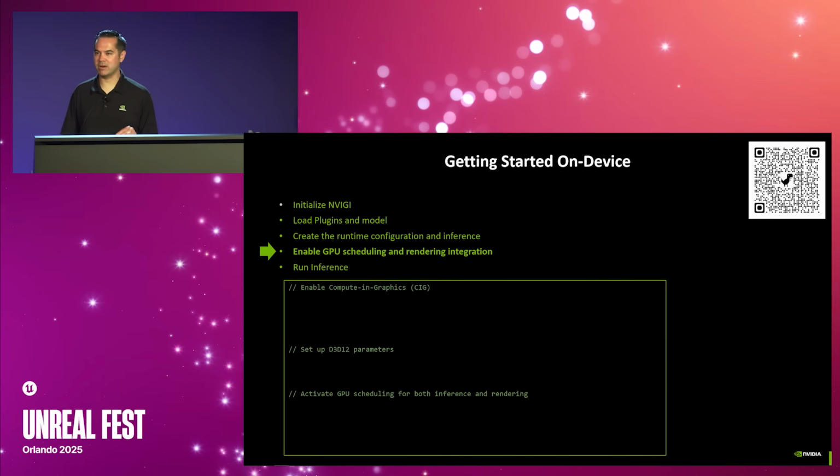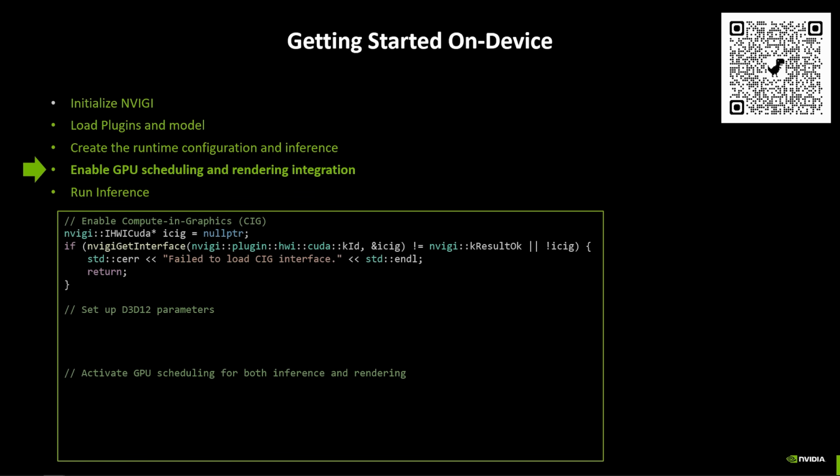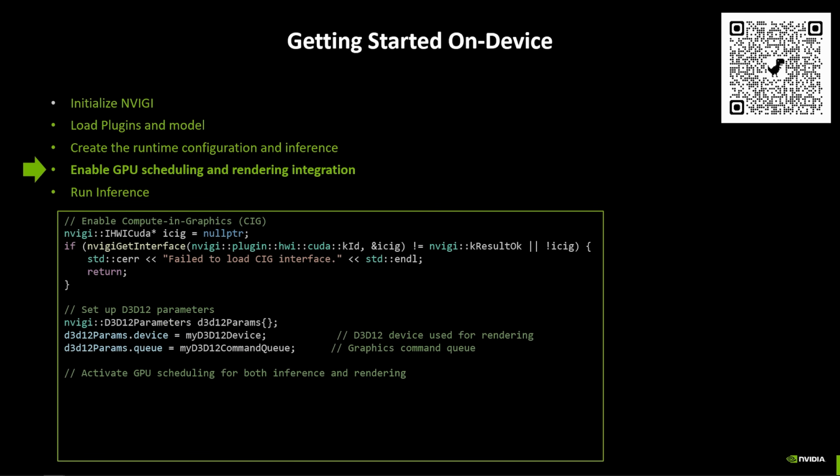So this right here is probably the most important part I want to focus on. This is enabling our GPU scheduling and rendering integration. This is basically allowing us to do what's called SIG, compute and graphics. Once I get the IGI interface, I want to check to see that there are no errors. Once it's OK, I set up our Direct3D D3D12 parameters, just making sure that I can use this for rendering.